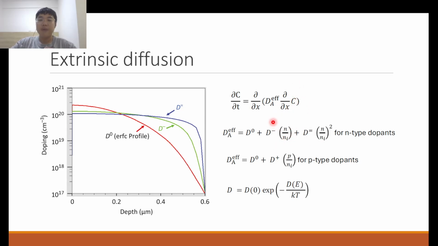You can have basically an expansion series where you have terms that are dependent on doping concentration, dependent on the doping concentration squared, and so on and so forth. By considering these terms, we realize that the profile of the diffusion of the dopants deviates from that of the ideal case where we only consider a concentration independent diffusion coefficient.